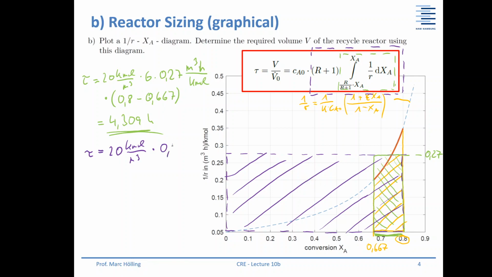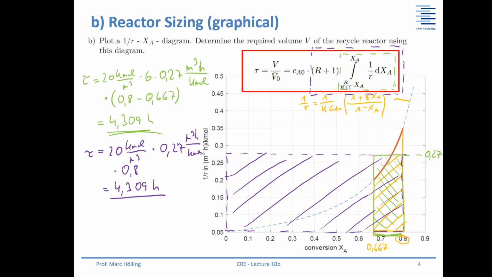This is 2.7 cubic meter hour per kilomole times the whole length of the x-axis, so it's 0.8. If you calculate it, of course it should be the same result, so it's 4.309 hours. So there are two ways you can interpret this solution.